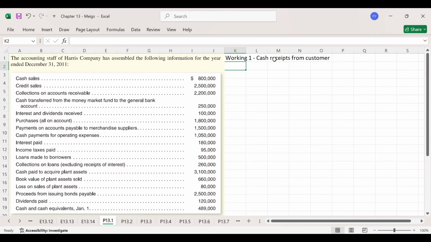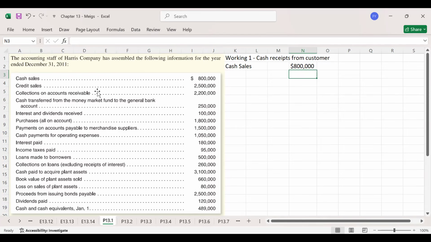For cash receipts from customers, first of all, you can see the cash sales. This cash sales is directly related with the cash receipts from customers. So we have cash sales, and the amount given is $800,000. Then credit sales: because this is credit sales and we do not receive any cash, we are not going to consider it right now.